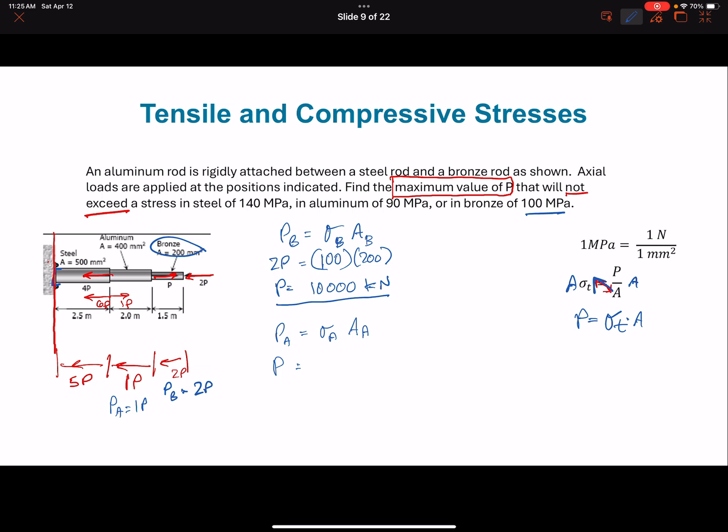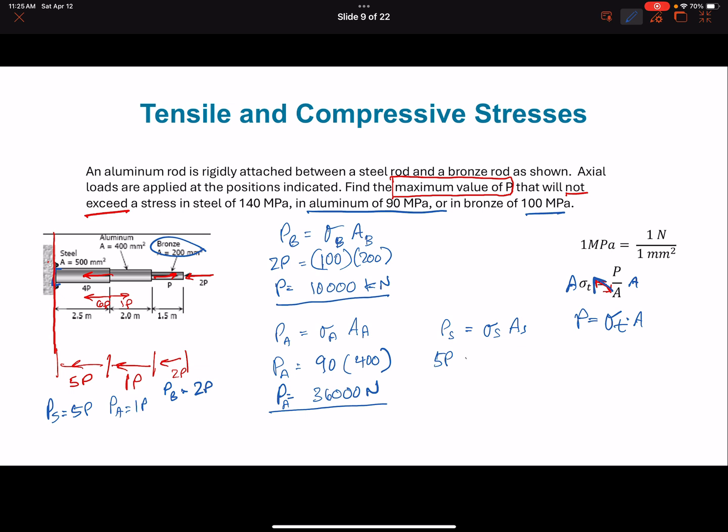Sigma A, so for the aluminum is 90 times AA, 400. What's that, 36,000 newtons? That's for aluminum. And then for the steel, PS is going to equal sigma S, AS. Well, PS is equal to 5P.